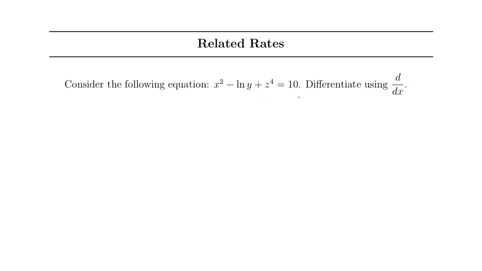That's the derivative of. But notice that there's 3 variables now. So we're going to see how things work with all 3 of these things. So our equation now looks like the derivative of x squared minus the derivative of natural log of y plus the derivative of z to the 4, and that's going to equal the derivative of 10.